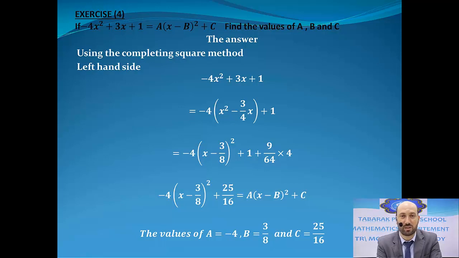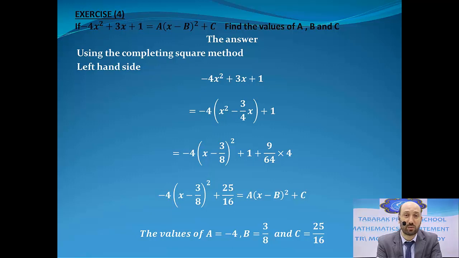On the left side here we have minus 4x squared plus 3x plus 1. How could we do it? The coefficient of x squared is negative 4, so we are going to take this negative 4 from the first and the second terms only as a common factor. So it becomes negative 4 times, and we divide the first and the second terms only by negative 4.